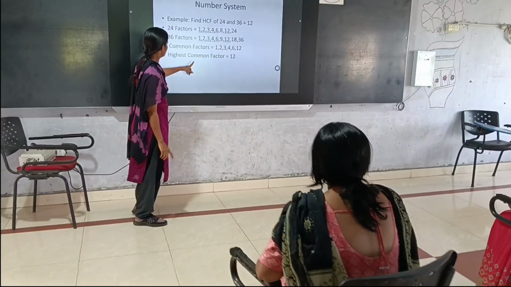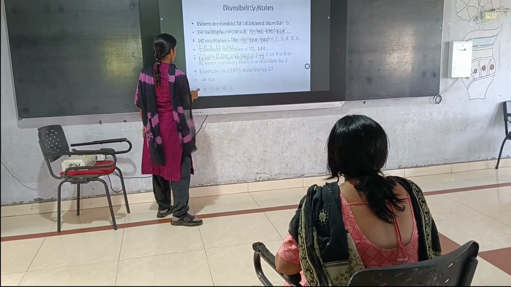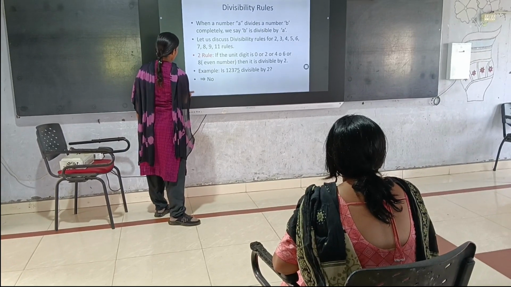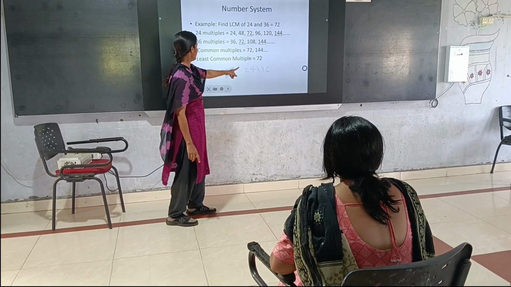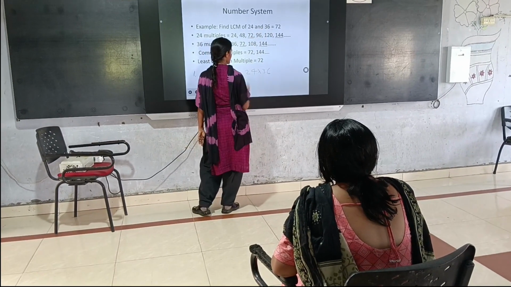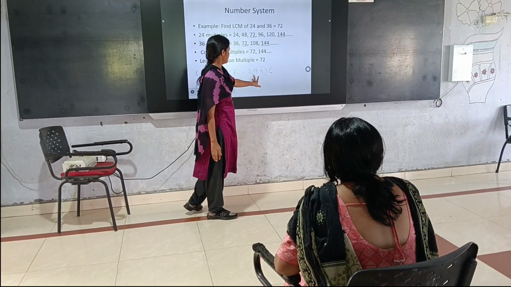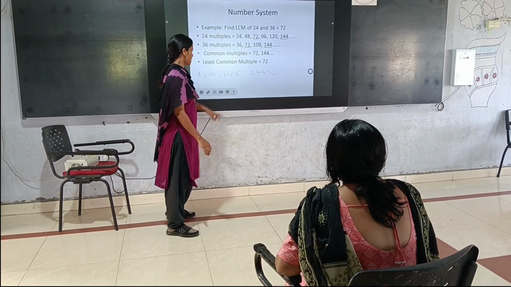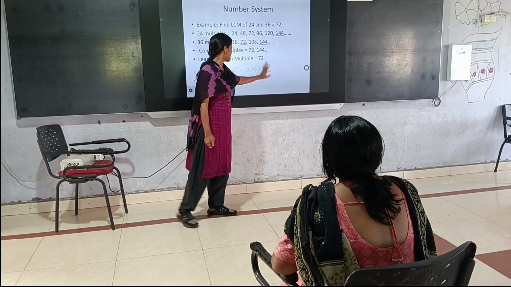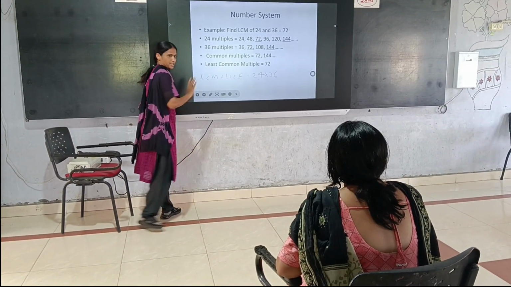In the second slide, the LCM is 72. The numbers in both problems are 24 and 36. Let us call these two numbers A and B. Their product is equal to LCM times HCF, 72 times 12. We have to check.